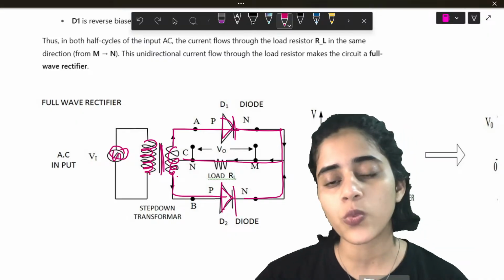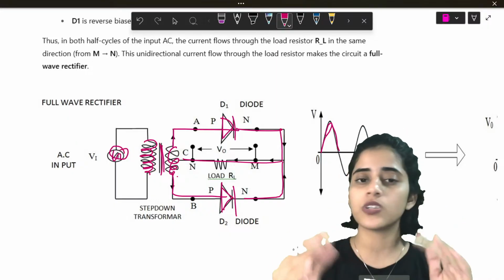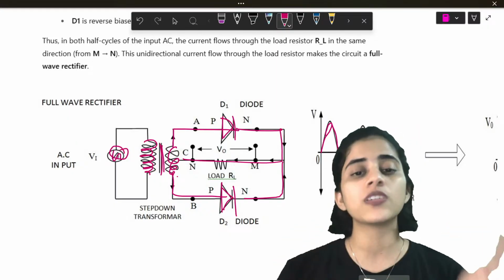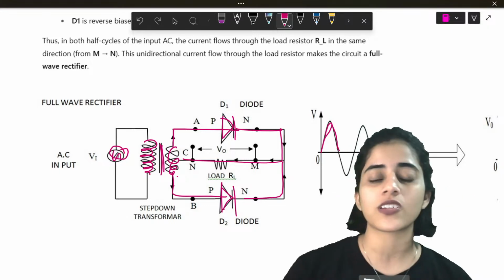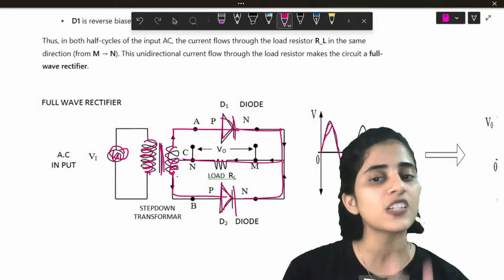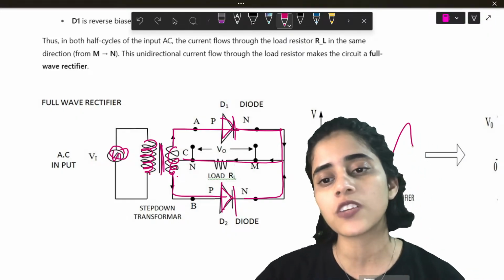So there is one uphill for diode D1, and D2 is 0. In the second half cycle, diode D2 conducts, but diode D1 does not. Again D1 conducts, D2, D1, D2.